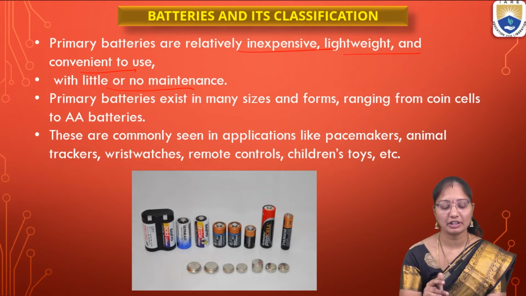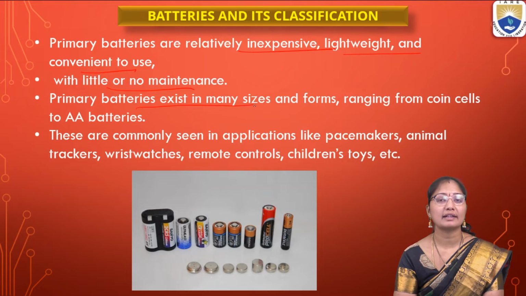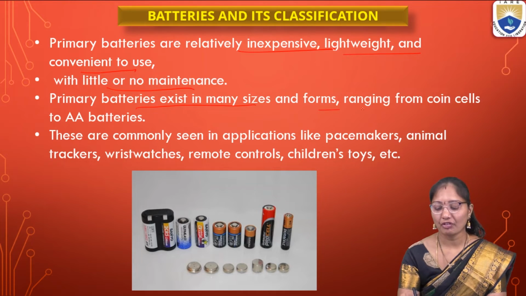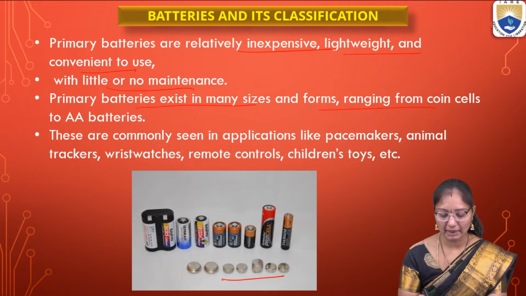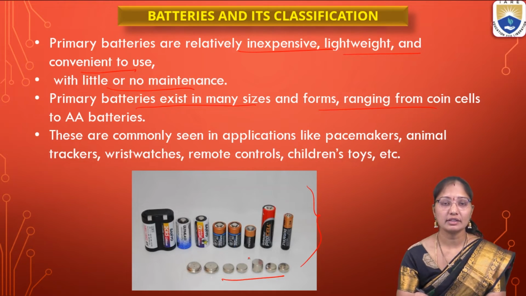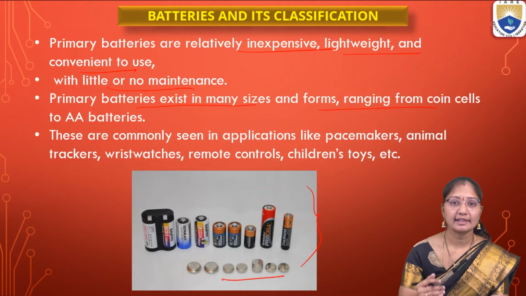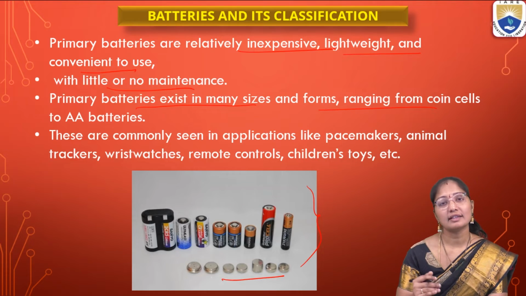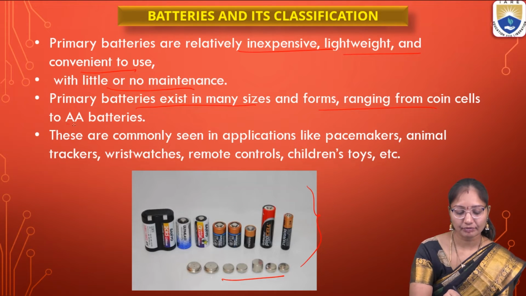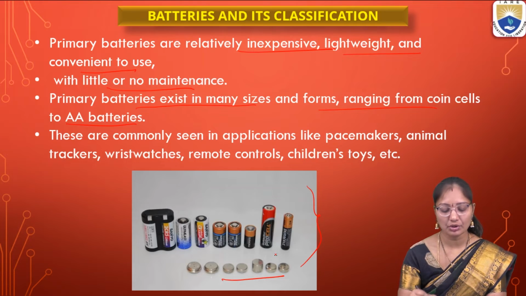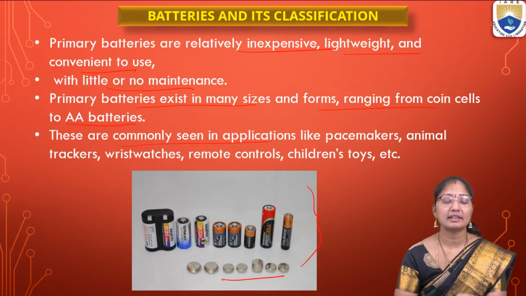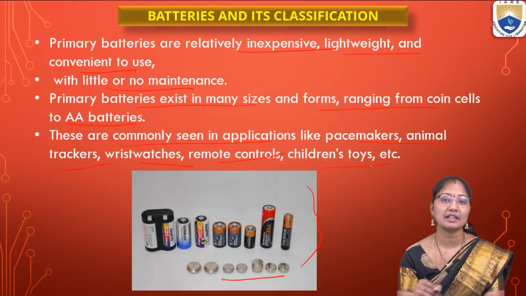These primary batteries exist in many forms and sizes, ranging from coin cells to AA batteries. These are commonly seen in applications like pacemakers, animal trackers, wristwatches, remote controls and children's toys.